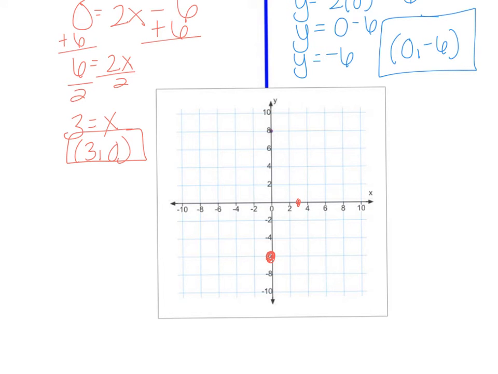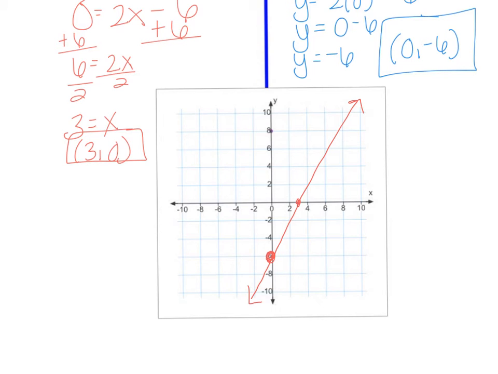Once we've graphed those two ordered pairs, we're simply going to connect them. And that's our linear function. We've graphed a line without making an input-output table. We've graphed it simply by finding the x-intercept, where the line is supposed to touch the x-axis. We found the y-intercept, where the line is supposed to touch the y-axis. We've plotted those 2 points, and then we've made our line.